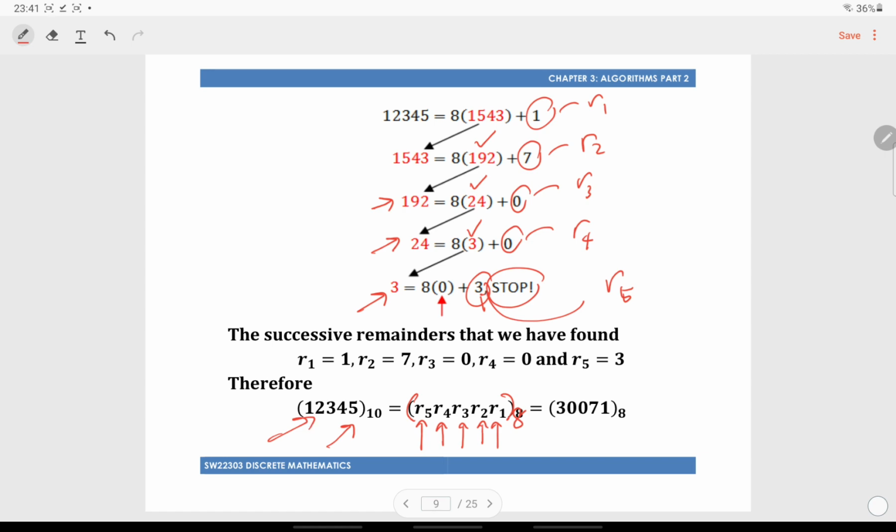So it is equal to 30071. Clearly there are no digits 8 and 9, only digits from 0 up to 7. So this is the octal representation of the given decimal 12345.